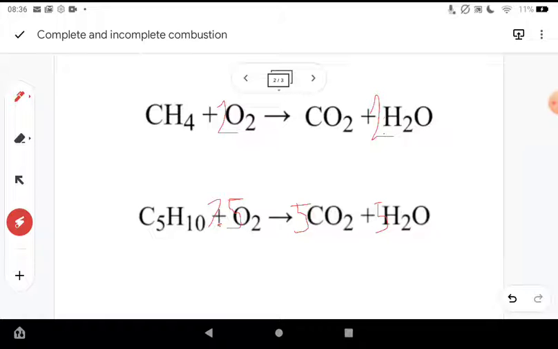What we're going to have to do is remove oxygen from the left-hand side, which leaves me with carbon monoxide, CO. If there's even less oxygen, I will get carbon by itself, so soot. Now, both of those are really bad.